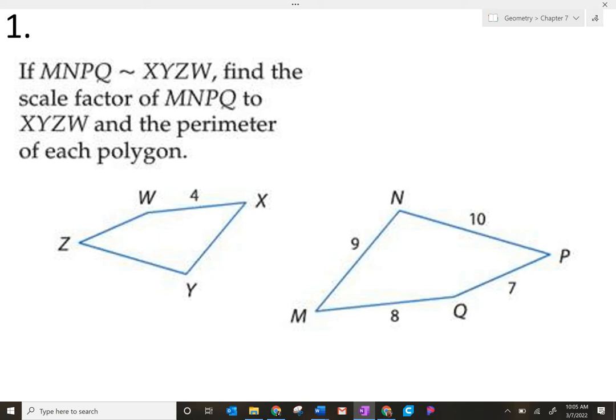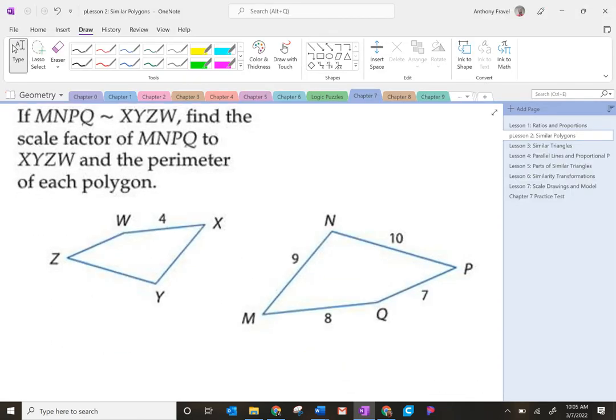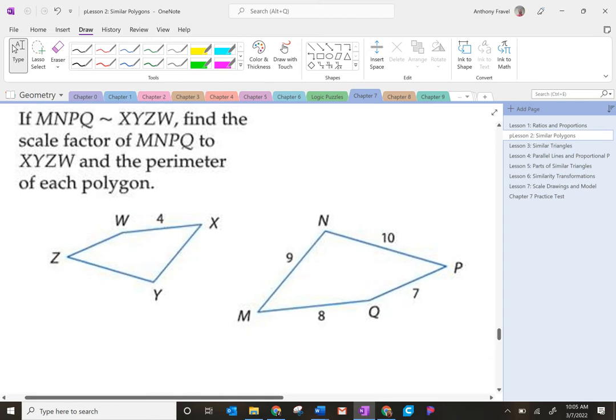All right, because I like to highlight mine and get mine a little organized, I'm going to highlight my sides just to show you which ones are going to correspond with each other. The first one starts off with MN. Those are my first two letters. XY are my first two letters for the other one.